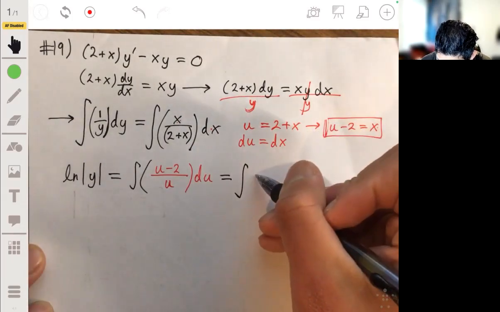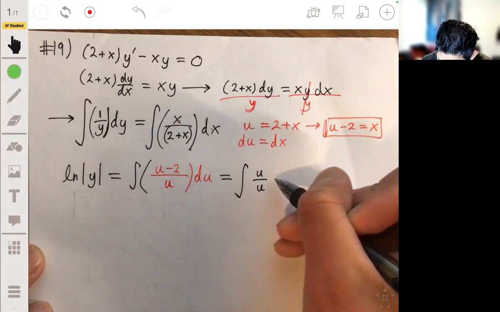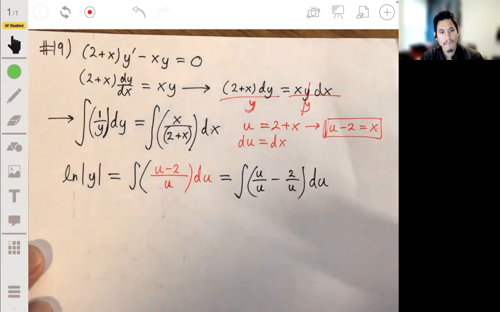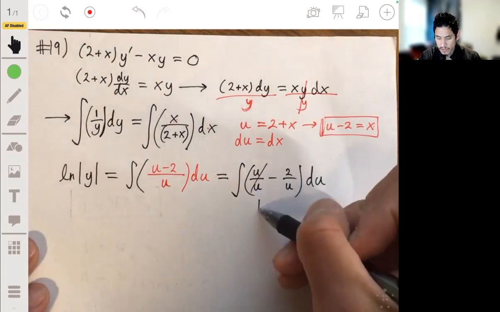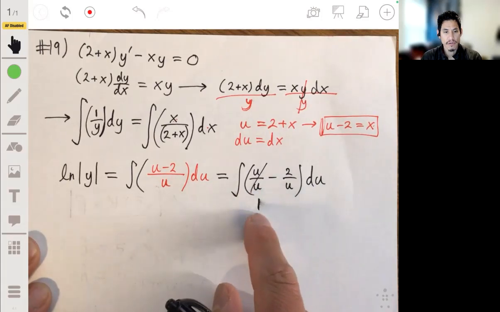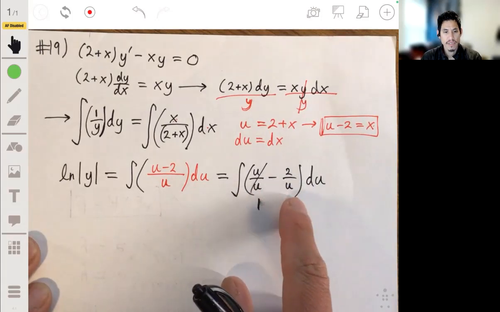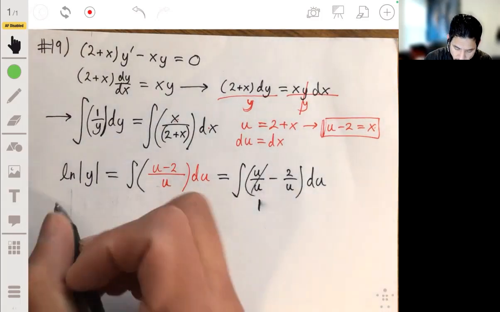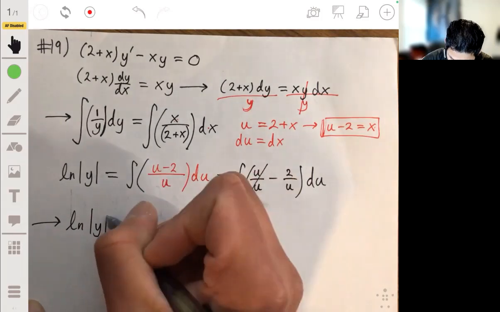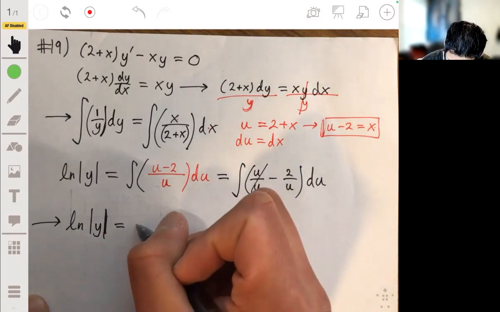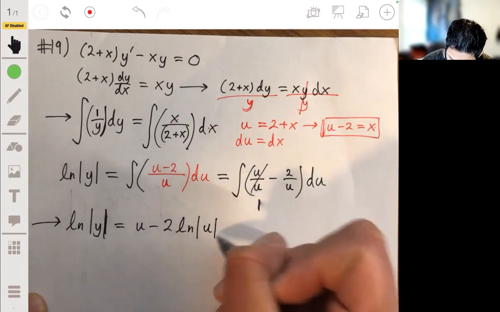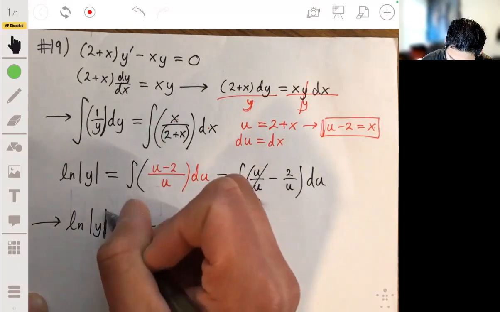You can think of this as u over u minus 2 over u du. Because u over u is just 1, and this becomes easy to integrate. This just becomes u, the integral of 1 is u, minus 2 times the natural log of the absolute value of u. So then we get the natural log of the absolute value of y being equal to u minus 2 times the natural log of the absolute value of u plus c1.